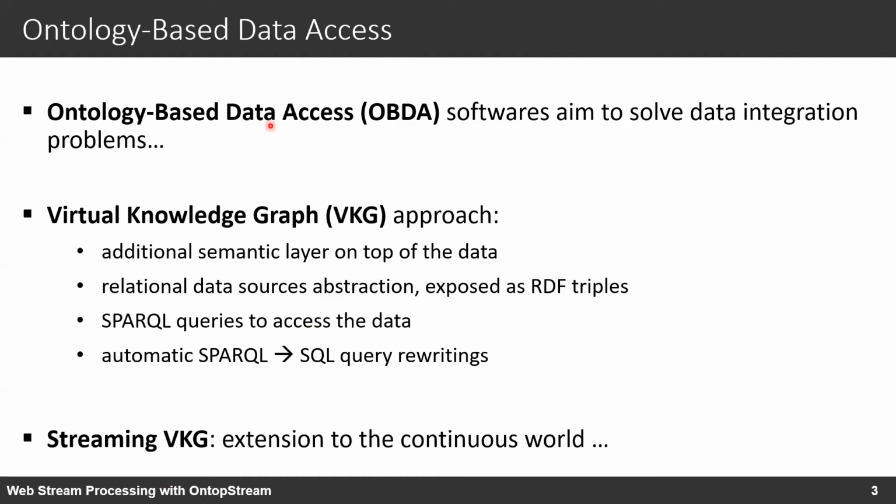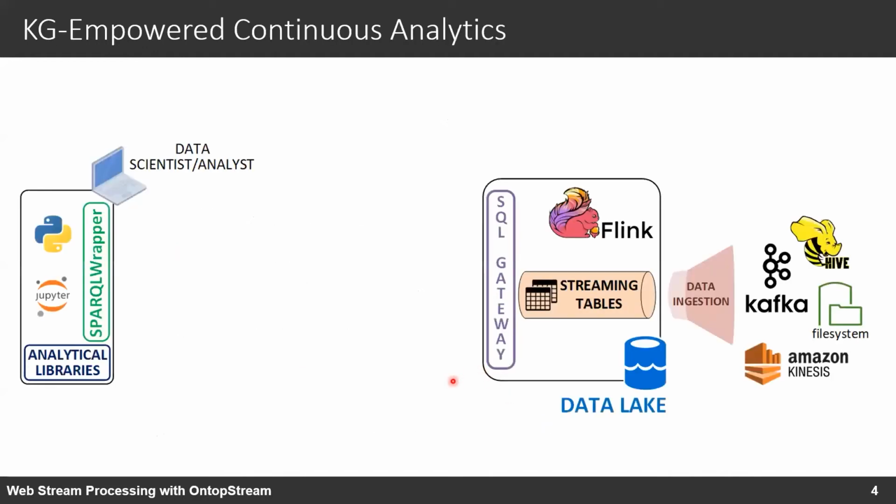So the idea of this software, which is called OntopStream, is to fill the gap between this problem, where on one side we have the data scientist and the analyst, who do not want to go to the specific vendor technologies.